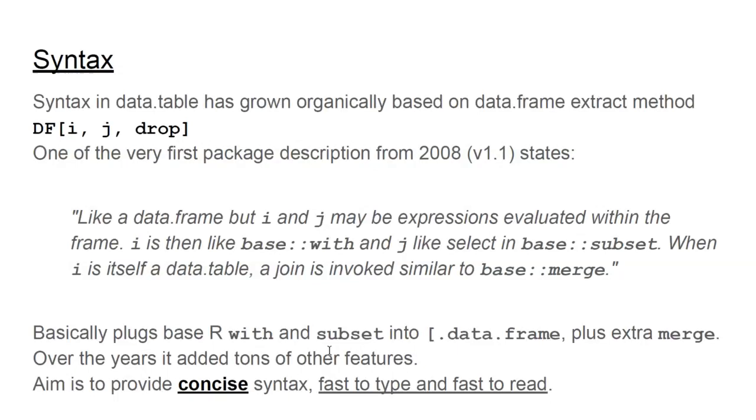So we can directly use variable names when selecting rows and selecting columns. Additionally, the join syntax was added to cover base merge functionality. The focus was just to make data table more user-friendly, not strictly faster as it ended up over the years.